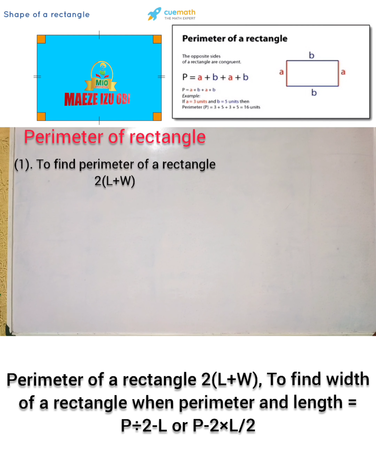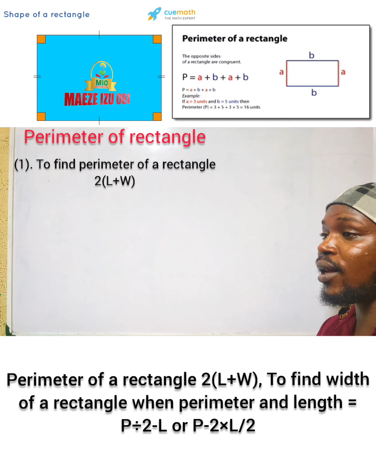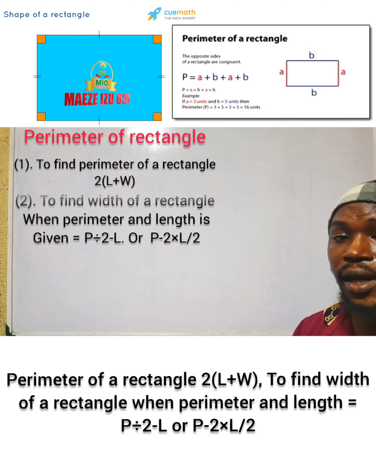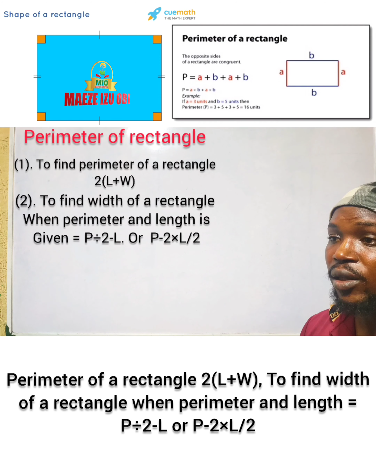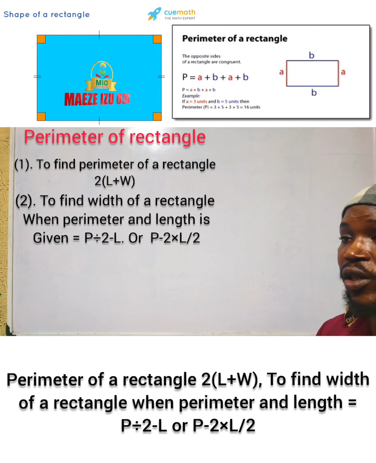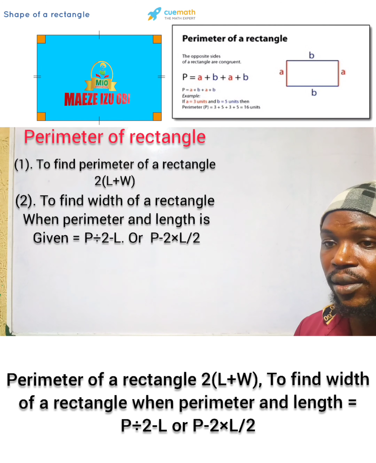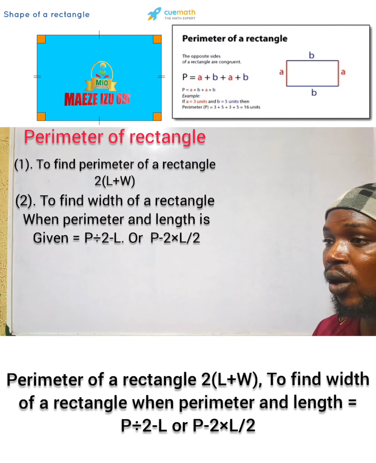Now, to find the width of a rectangle when perimeter and length are given, I'm going to give two formulas. It is perimeter divided by 2 minus length.